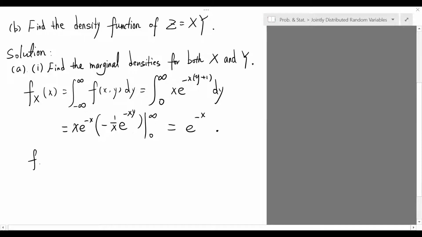Similarly, the marginal density function with respect to y is going to be the integration of the joint density function with respect to x this time.